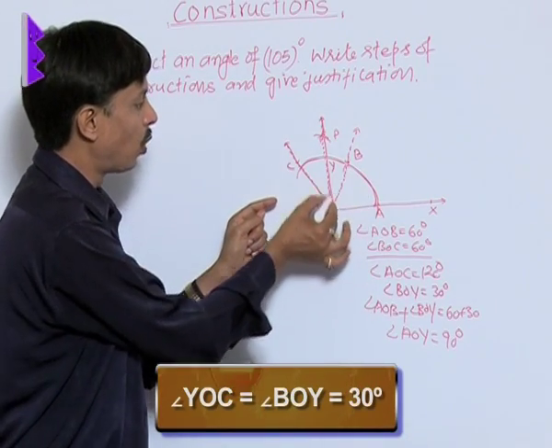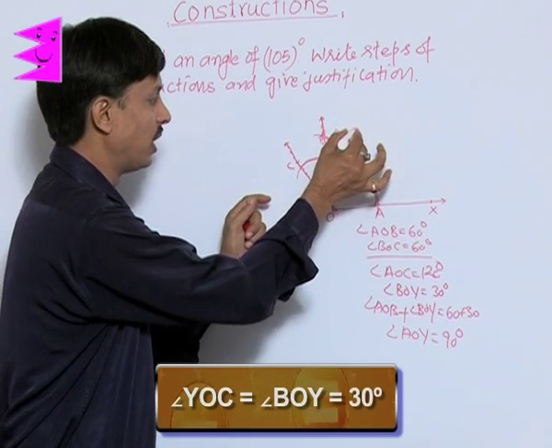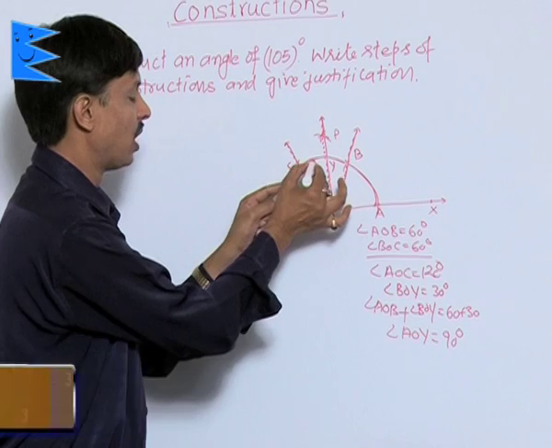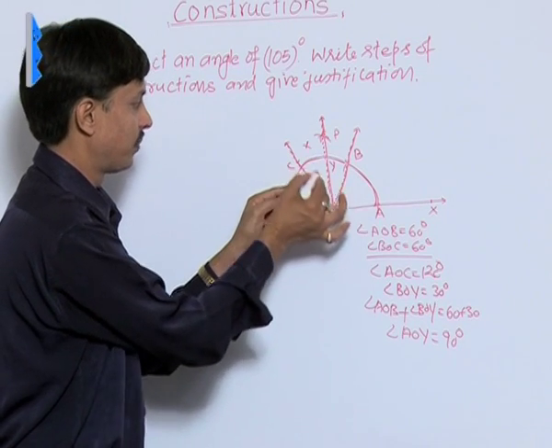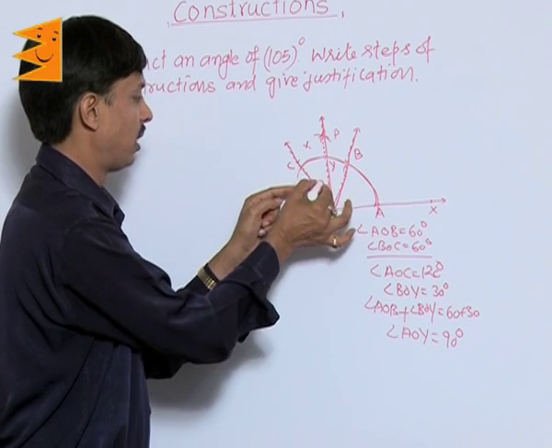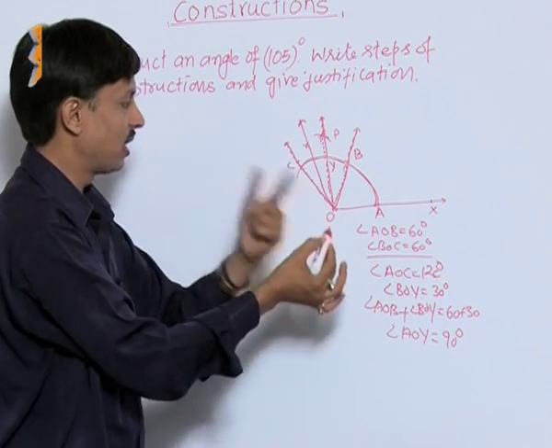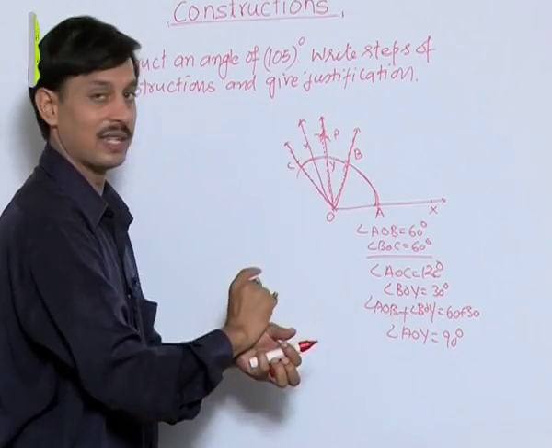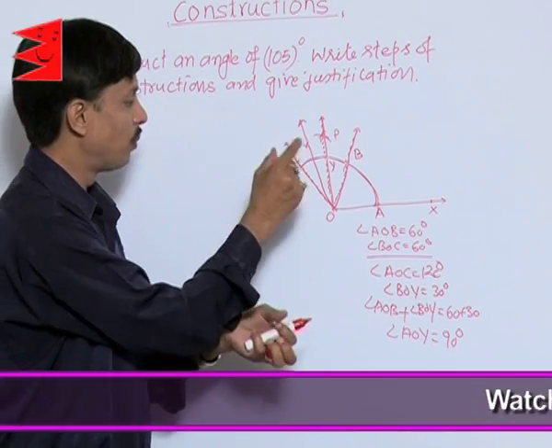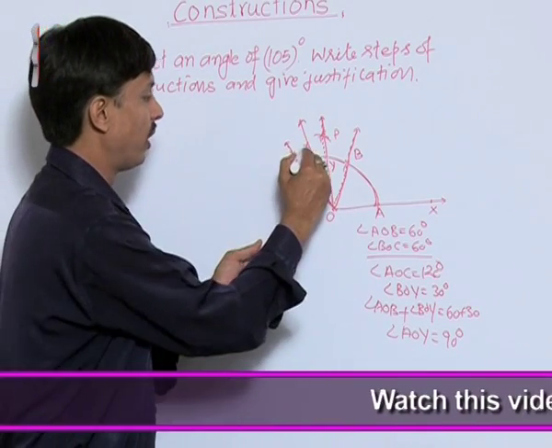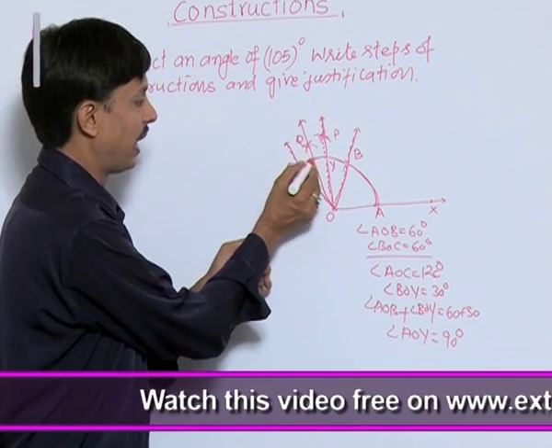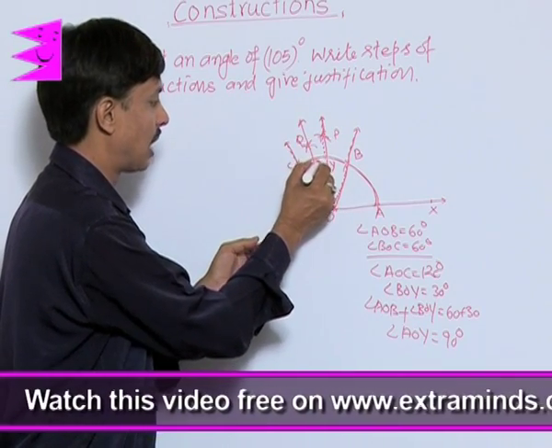Angle BOY is also 30 degree because this entire BC is of 60. So if I bisect this and join this, bisector is the same process, taking C as center, taking Y as center. Radius more than the half of CY, where these two arcs will meet. Suppose point is Q and here the point is suppose R.